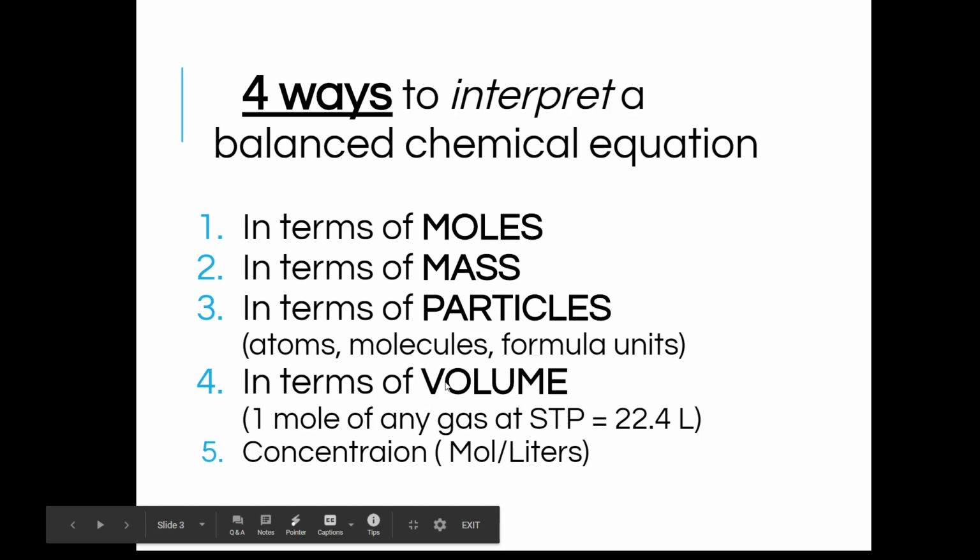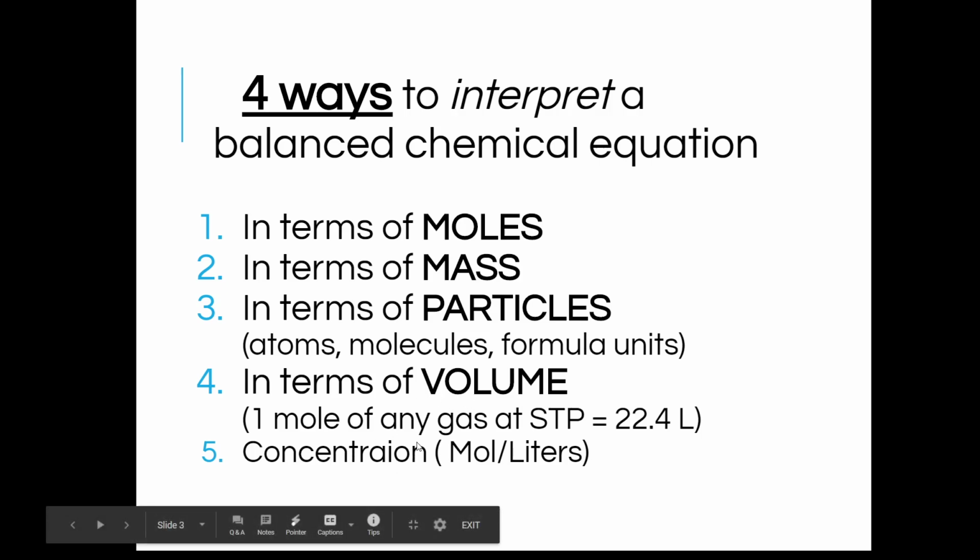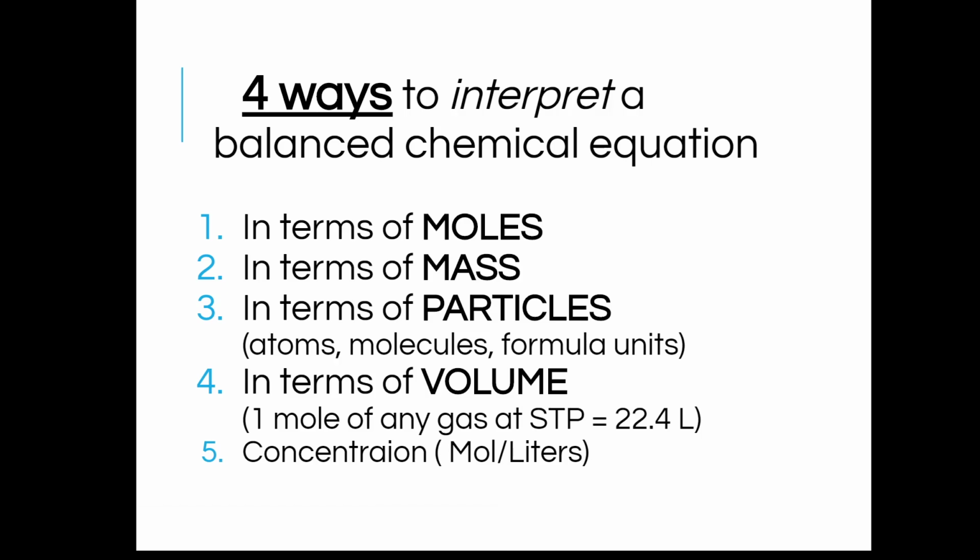In fact, chemistry was really discovered through the use of volume back in the 1800s. And the last one is concentration. Concentration is another useful one that lets us tell what the concentration of different products are and therefore their moles fairly easily, because we're going to make different concentrations, and usually we do that using mass and some volume of liquid.